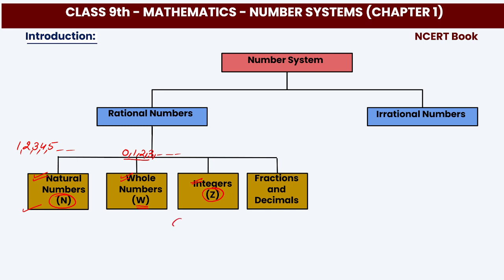Integers have negative numbers like minus 3, minus 2, minus 1, 0, and positive numbers also. So this is the complete number set where we take negative, 0 and positive.